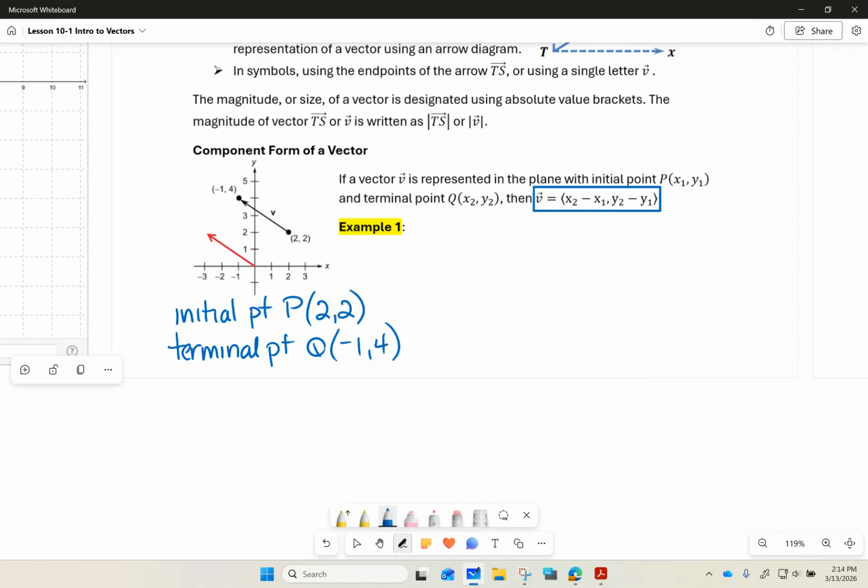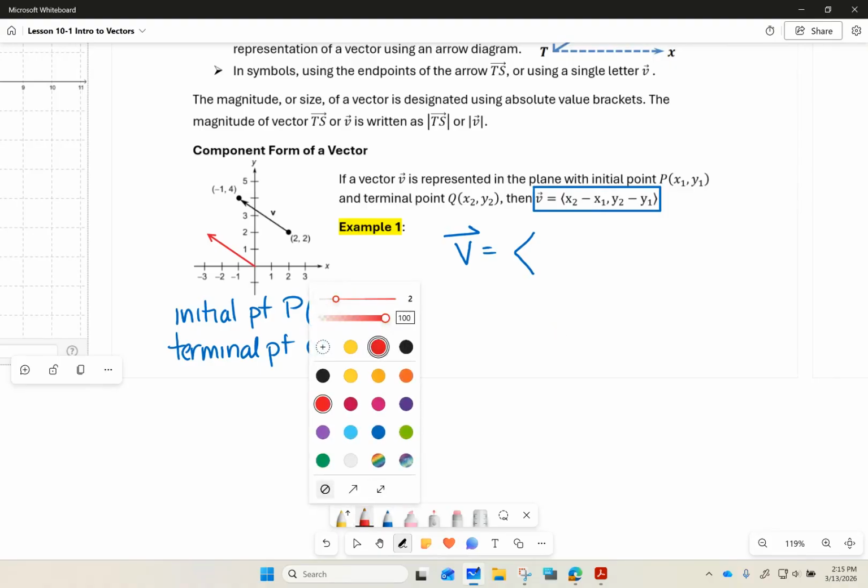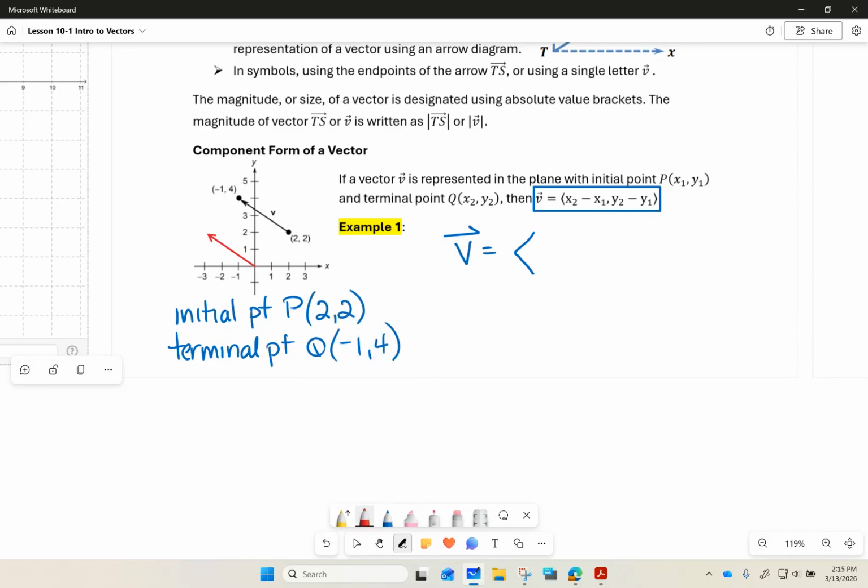Let me label this: X1 and Y1 is the initial, and X2, Y2 is the second point you end up at.